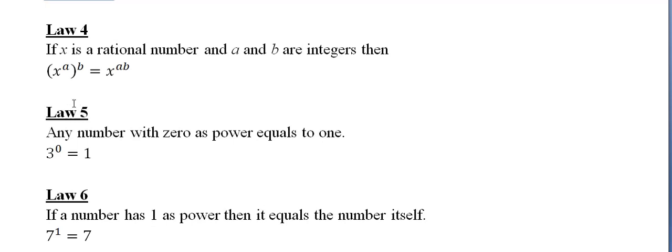So when the situation is like this, there is a base number here, and this base number has a power, and there is a bracket here, and after the bracket there is again a power. In such a case, what you will do is just multiply these powers, a into b. When you open the bracket, the powers will be multiplied, a into b.